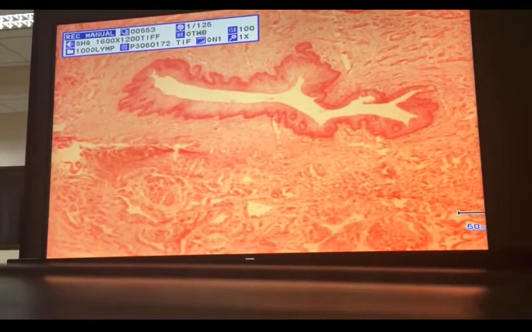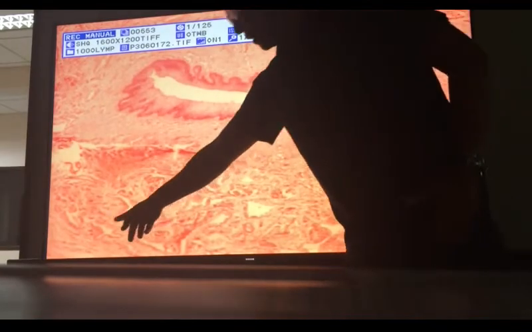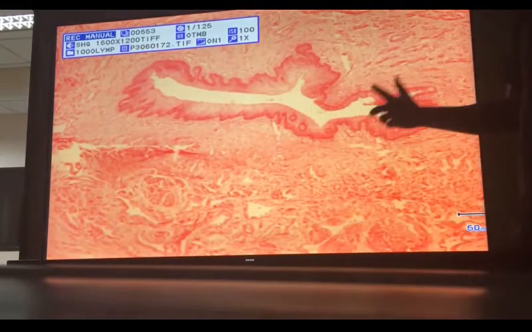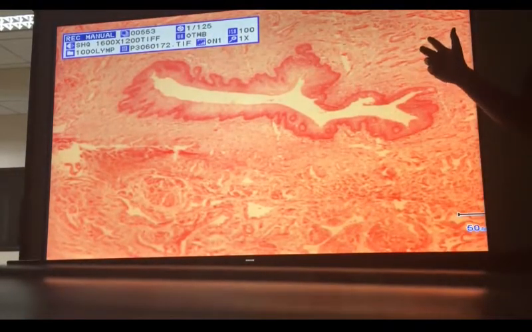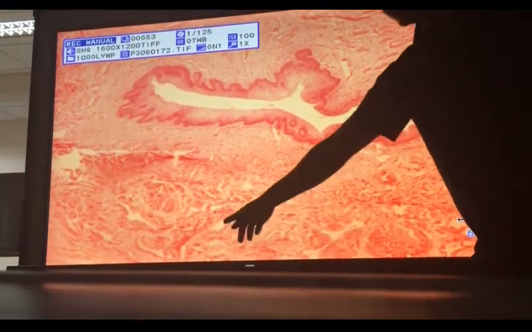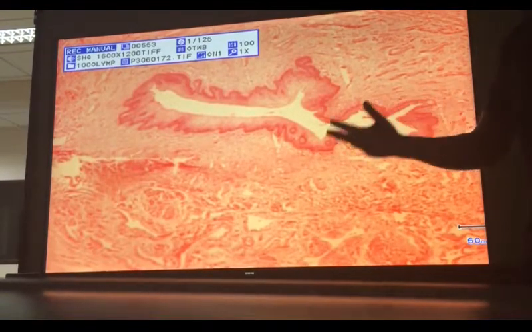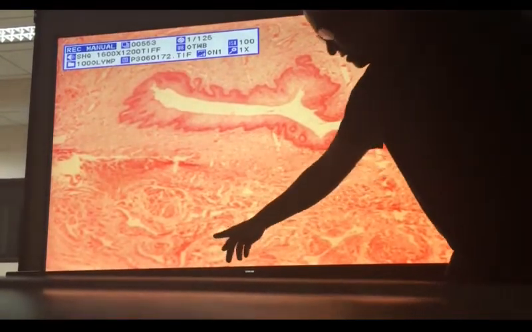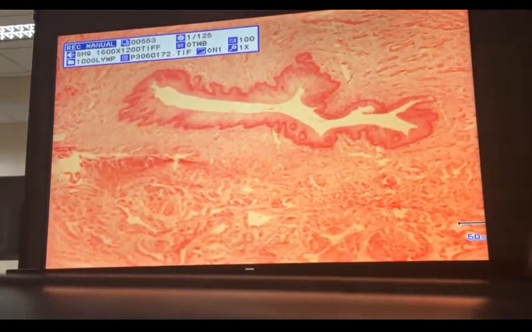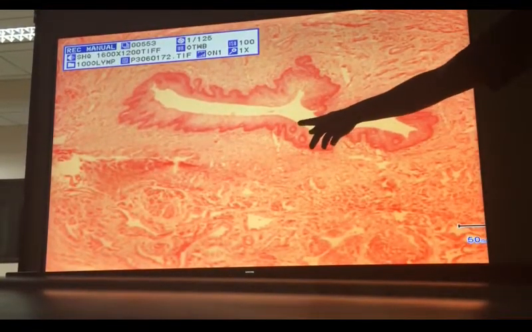Now, the cavernous bodies are composed of veins. Those spaces are actually veins. During erection, these veins will become filled with a great volume of blood. So, these veins will become filled with blood, and then this is the lumen of the urethra.